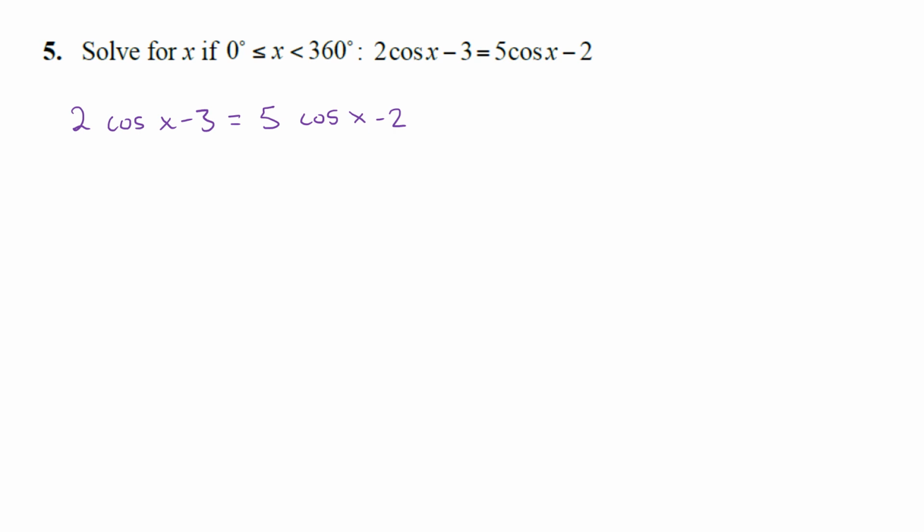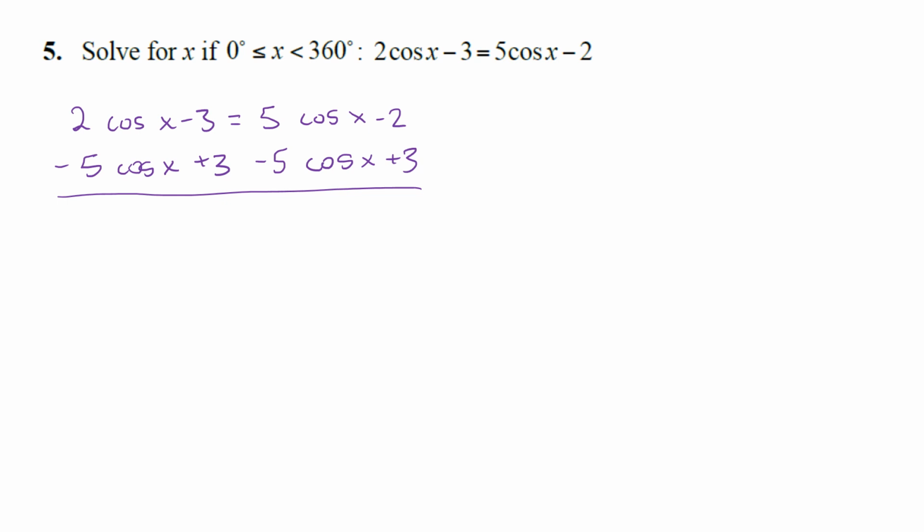So let's get all of the terms that contain cosine on one side, and all of the terms that don't have the cosine function on the other side. So let's subtract 5 cosine x on both sides. And then we'll add 3 on both sides. That way we move the cosine terms to the left and the constants to the right.